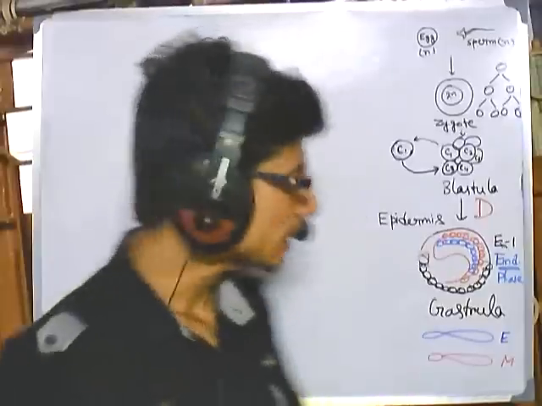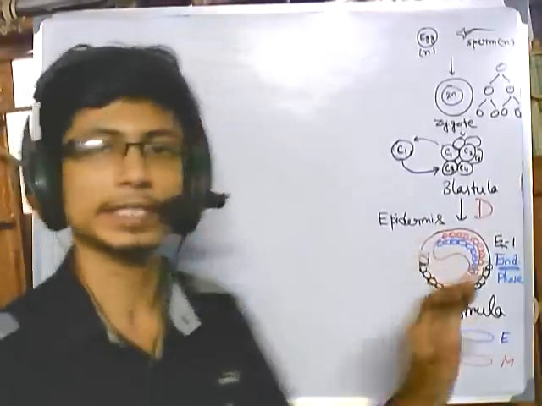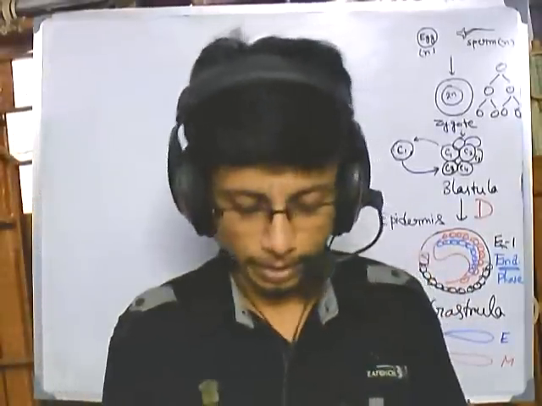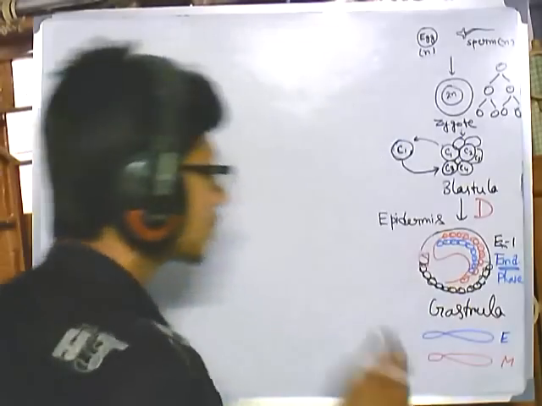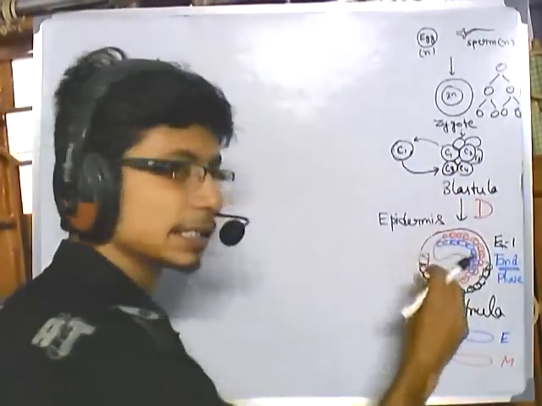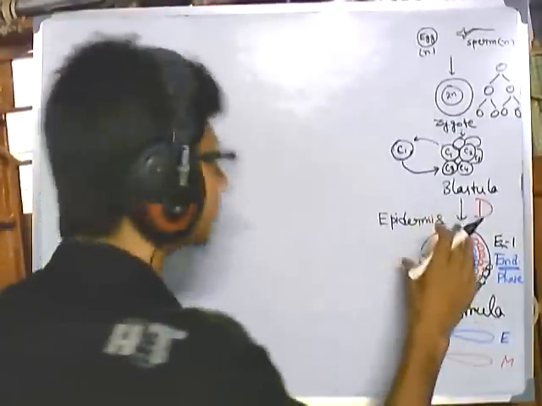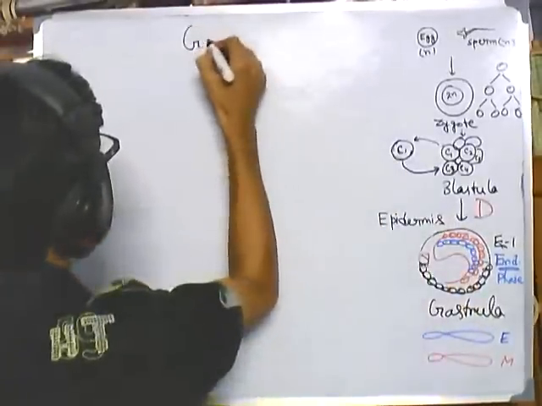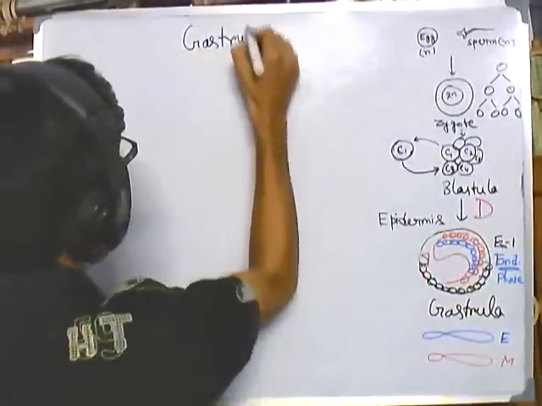Okay, now we'll be studying this gastrula phase in detail in this particular video. The process of the production of cells and these different cell layers during embryogenesis at this stage will be called gastrulation.